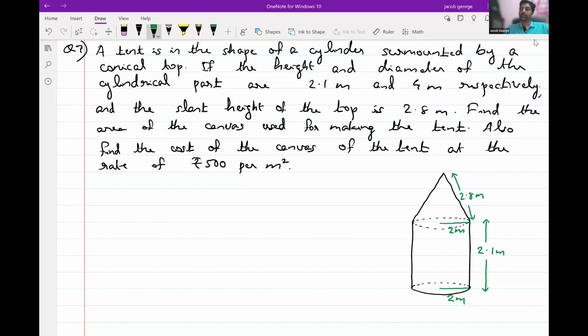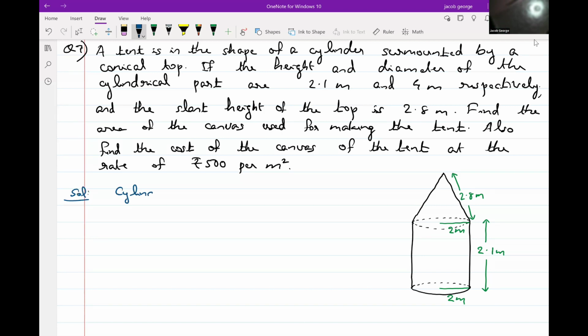But CSA of cone? The CSA of cone is pi r l. r is there, l is also there, so we don't have to find anything extra. Some questions we had to find l or h separately, but here it is not required. So we have to write the dimensions first, for the cylinder and the cone. Please write both the dimensions and then we can find the area.